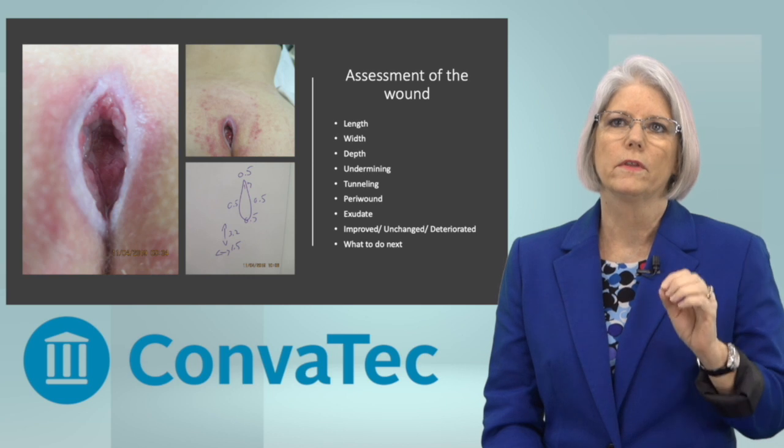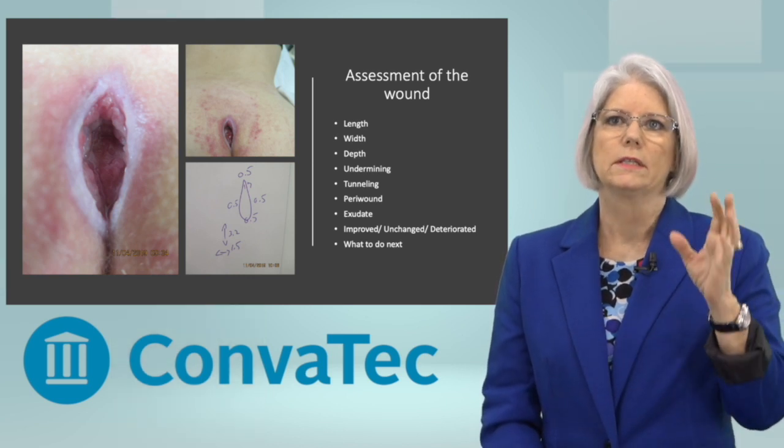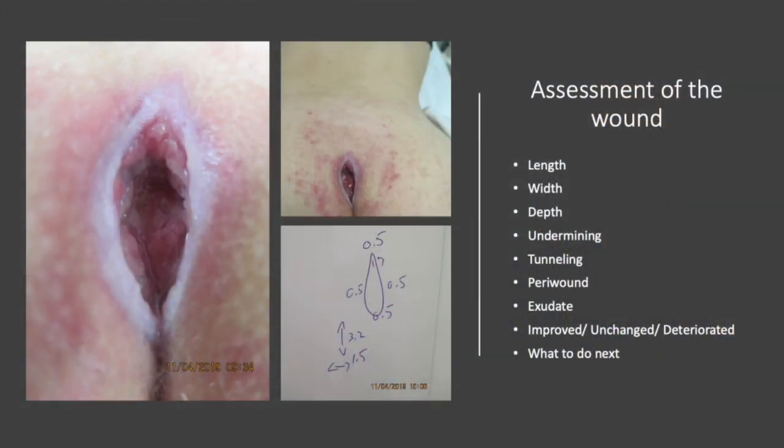If you look on the diagram, this is our whiteboard that we have in the clinic, you can see the length and the width, and then the depth was 1.7. The tunneling is expressed by using the clock face at 12, 3, 6, and 9. It's 0.5 centimeters.